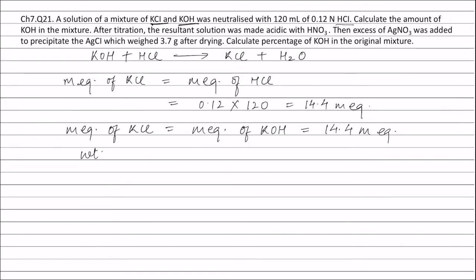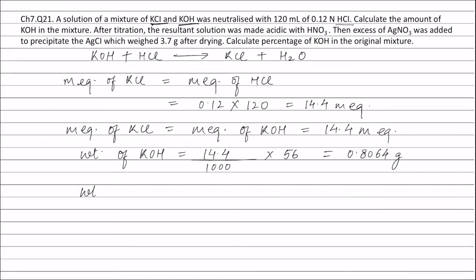Therefore, weight of KOH will be equal to equivalents of KOH, that is 14.4 divided by 1000, into equivalent weight of KOH, which is 56, and this is equal to 0.8064 grams.